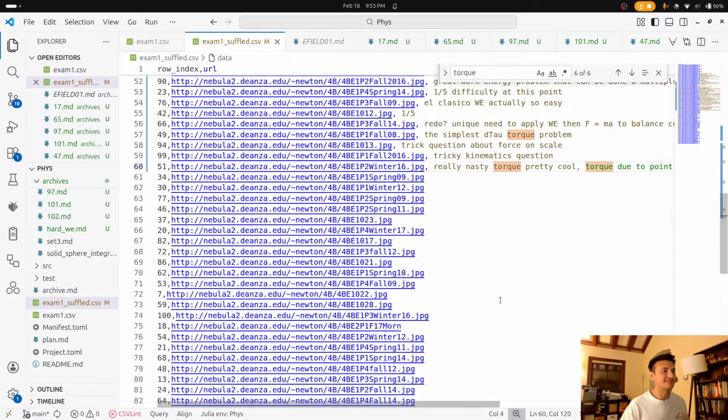I skipped some of the energy density and the capacitance ones, but okay, let's just rapid fire go through these.